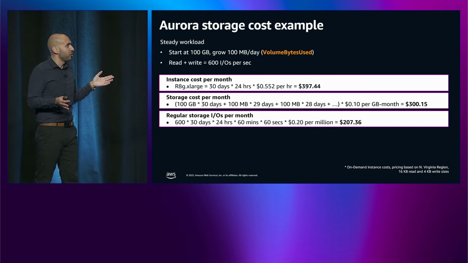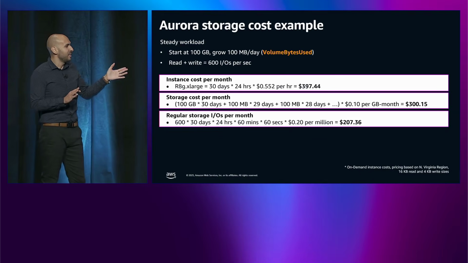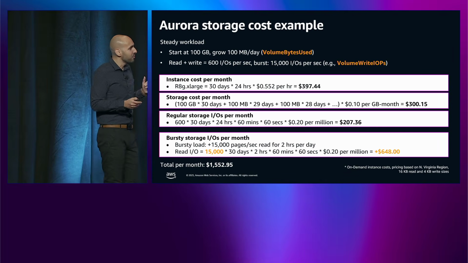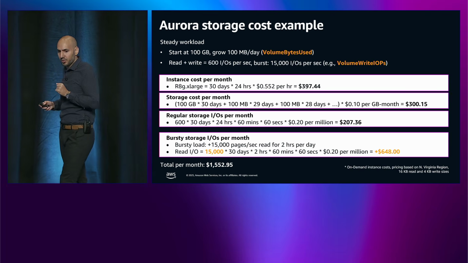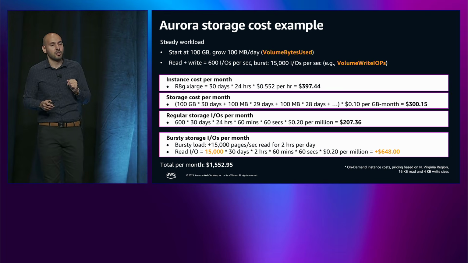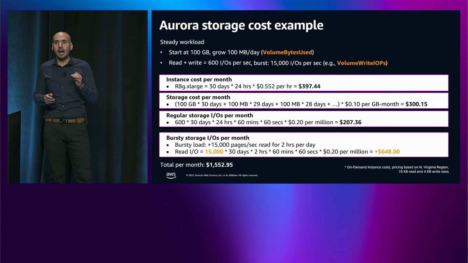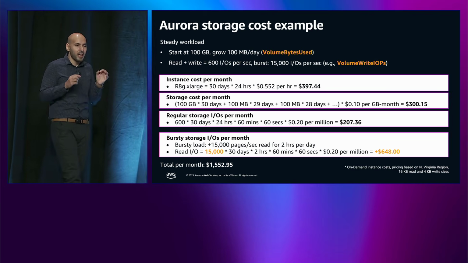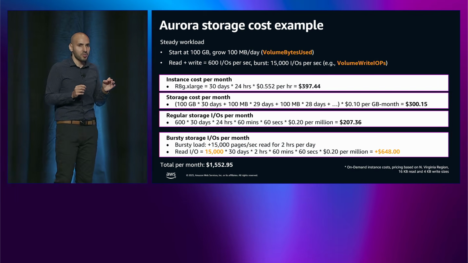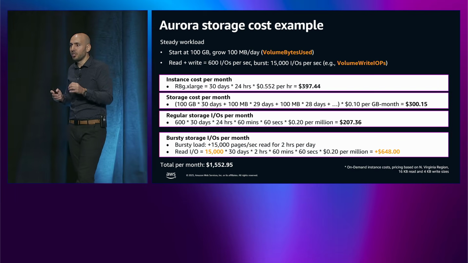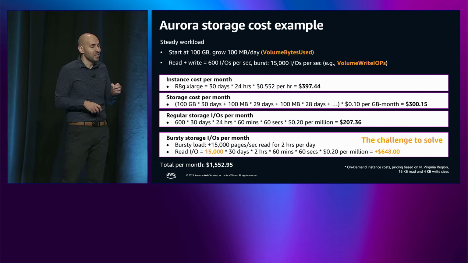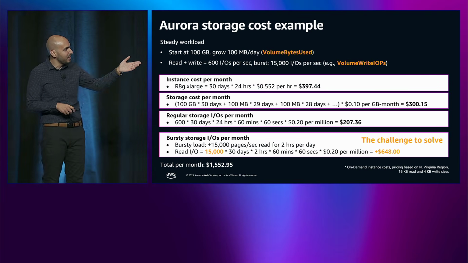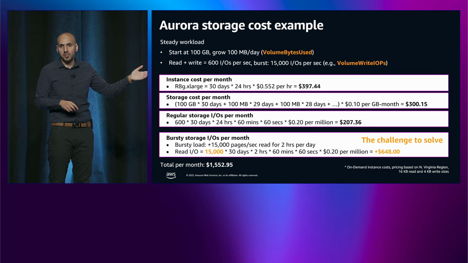Now, we have regular storage IOs, and that leads us to around $207. And here is the challenge. We have also bursty IOs, and the bursty IOs are associated with 15,000 IO operations. So every day, we have 2 hours of 15,000 IO operations per second. That's a big challenge that we need to solve because you can see that it adds up to $648. That's pretty big in terms of the cost.